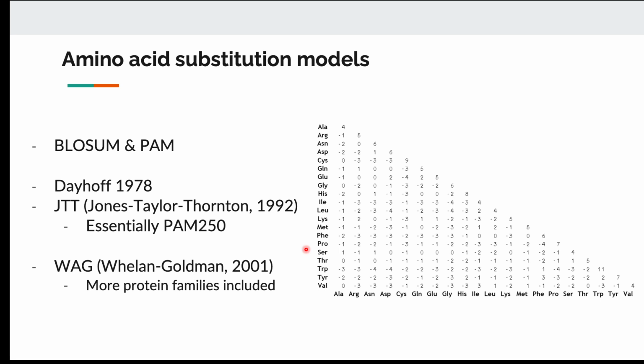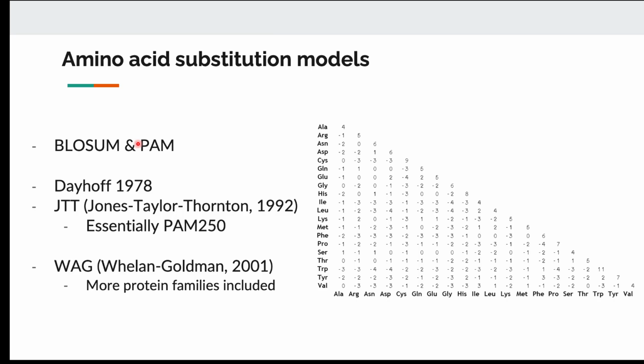So amino acids are not equal. People have several ideas of how to score change from one amino acid to another. We have talked about these two in the past lecture, BLOSUM and PAM. These are used for sequence alignment. It's a score that we use to calculate similarity in the context of sequence alignment.